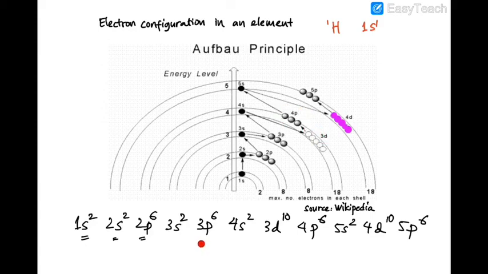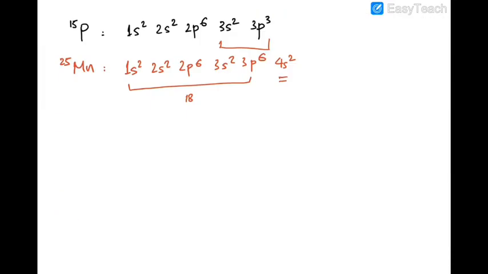And also, after 3p we don't move to 3d, but we move to 4s, because 4s has a lower energy than 3d. That's why after 3p we start with 4s, and now we start filling in the 3d. So 3d here holds the remaining electrons, which in this case is 5.